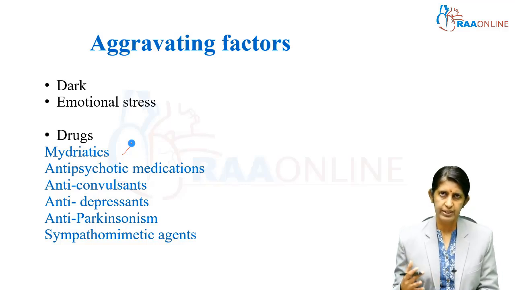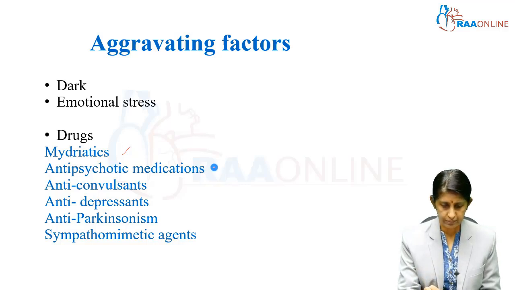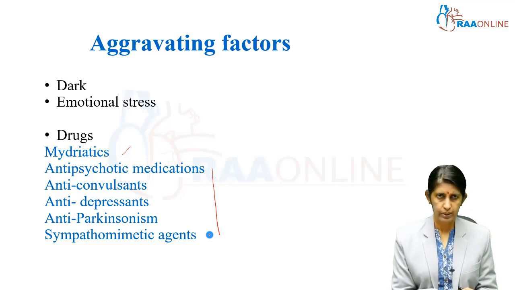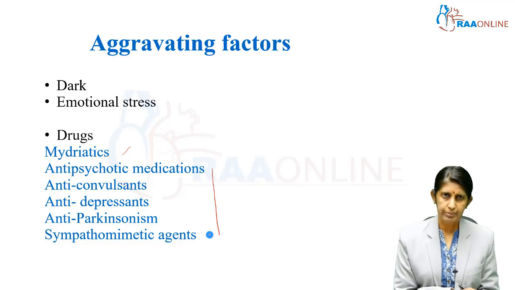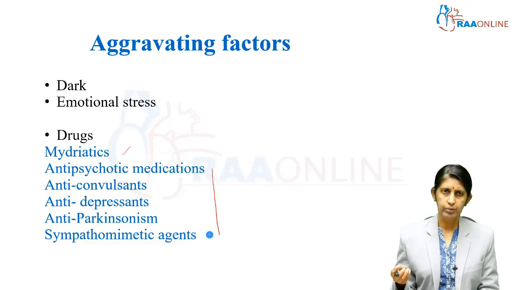So whenever we advise medications for certain systemic diseases, if the side effects are monitored, we might be able to identify why the patient has glaucoma along with systemic medications for certain diseases. We also have to be aware of physiological conditions, such as a dark room. In a dark room, the pupil will dilate, and in bright light, the pupil constricts.